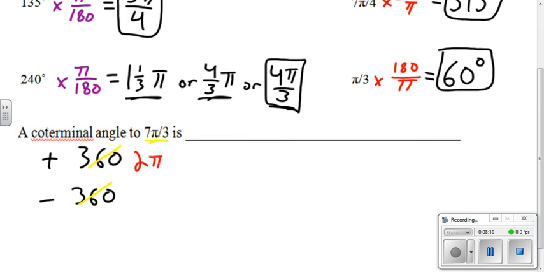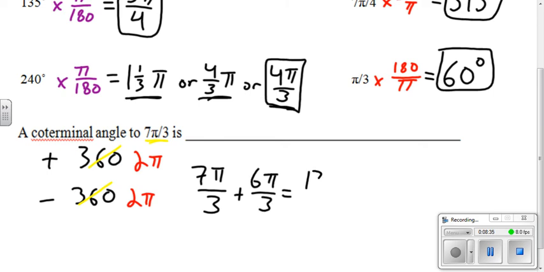So we're either adding 2 pi or we're subtracting 2 pi. So our 7 pi over 3, if we wanted to add 2 pi, we would say 7 pi over 3 plus 2 pi. I'm going to change that into thirds right away. That would be 6 pi over 3, because 6 over 3 is 2, in which case we would get to 13 pi over 3.